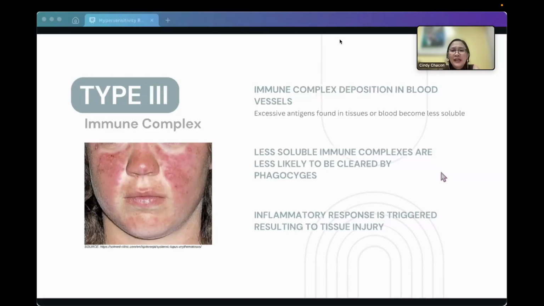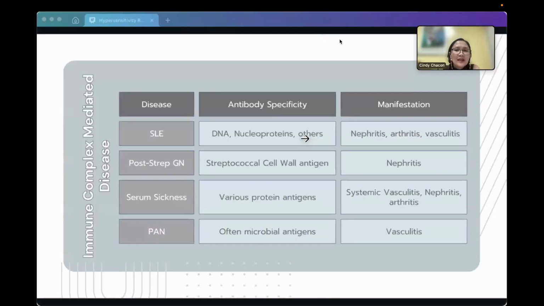Patients will present with joint pains, proteinuria, skin rashes, or systemic symptoms depending on the site of immune complex deposition. So again, these are examples of immune complex mediated diseases.